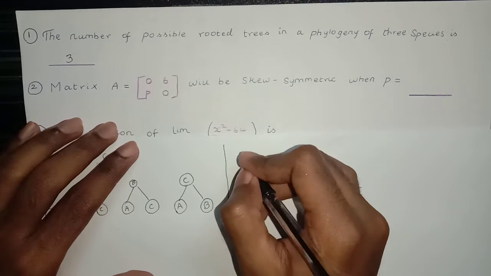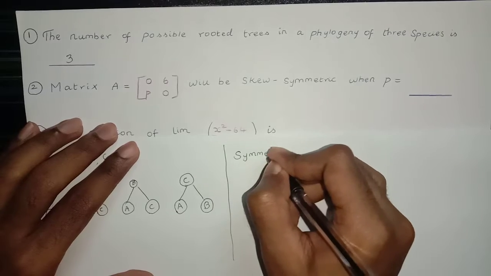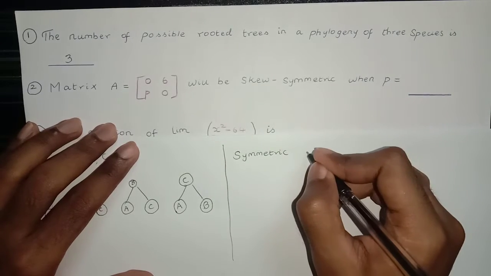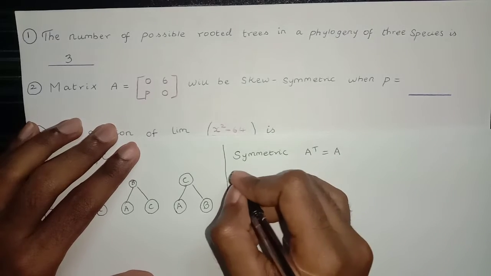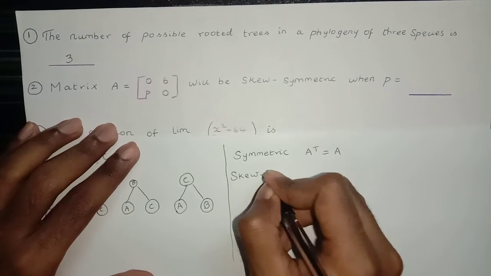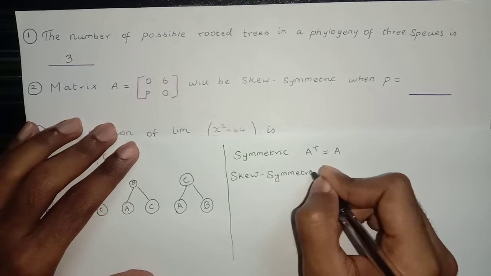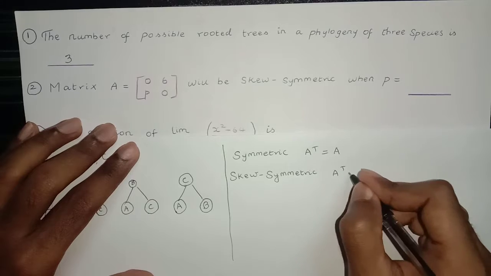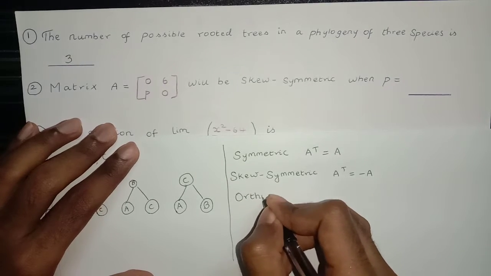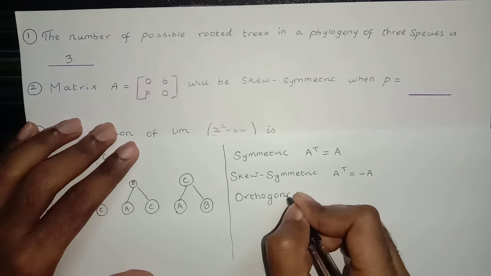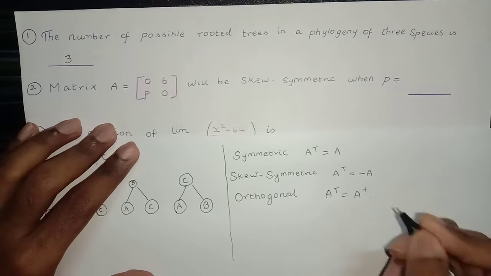Like say a matrix is said to be symmetric, that is A transpose is equal to A, and it's said to be skew symmetric, that is A transpose is equal to negative A, and orthogonal, that is A transpose is equal to A inverse.